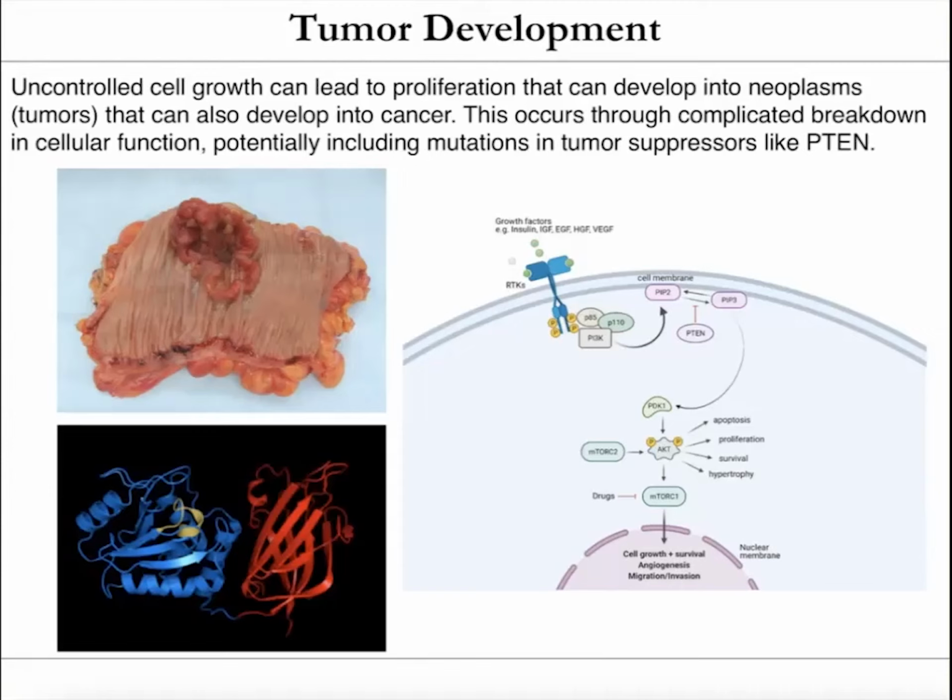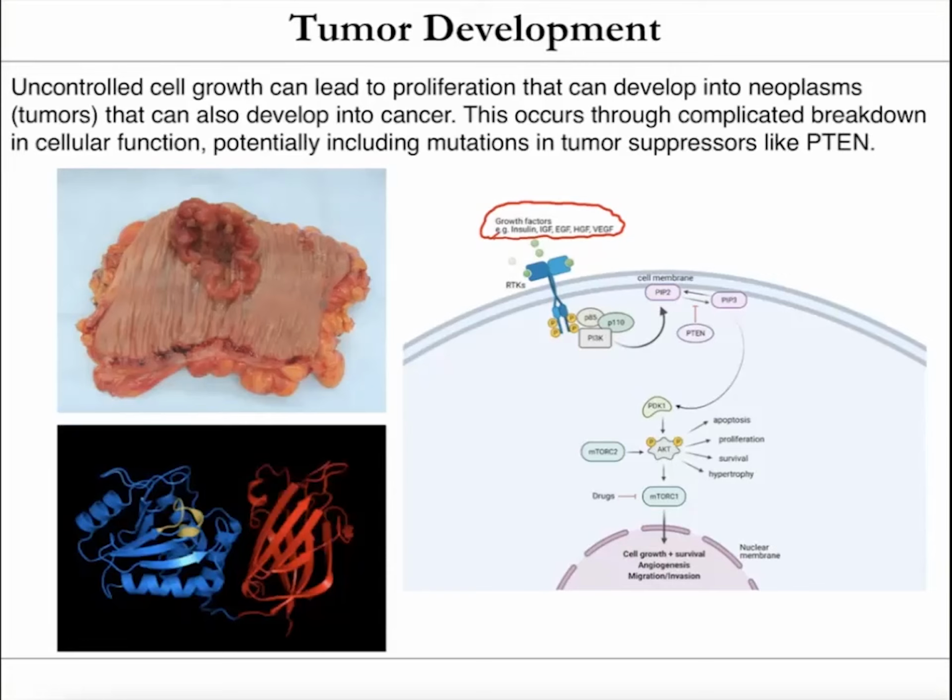So again, this is a really big topic, and there's a lot of different cellular processes that are involved in cancer biology and tumor development. But I'll just mention one of them here. There's a lot of growth factors that basically tell cells, okay, it's time to grow and divide.